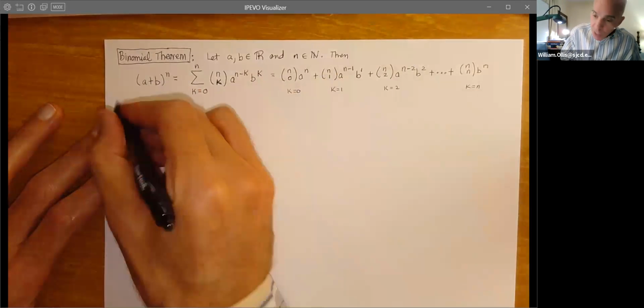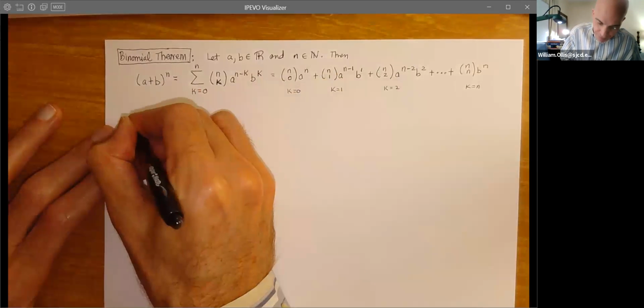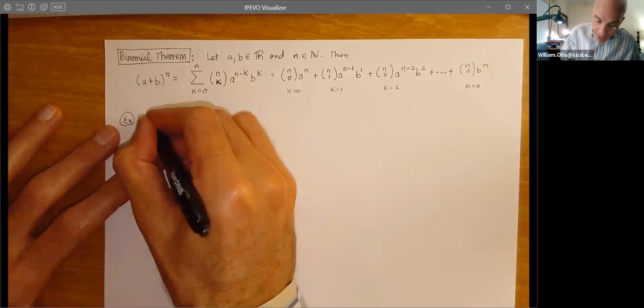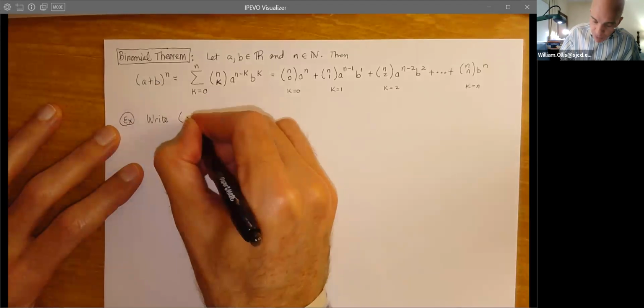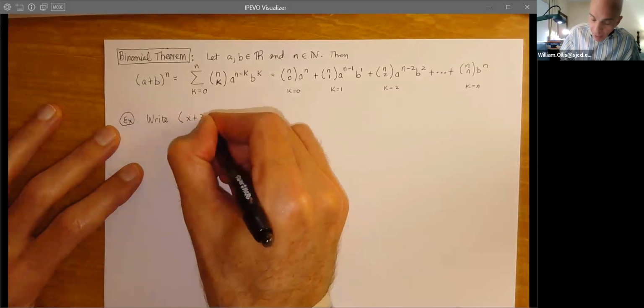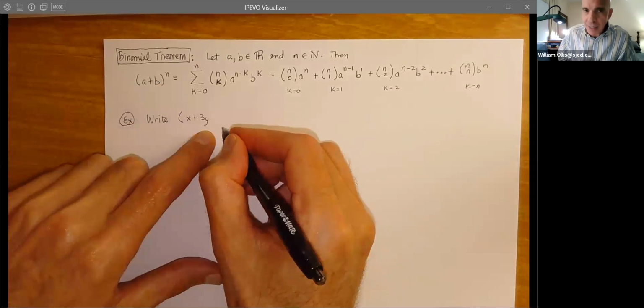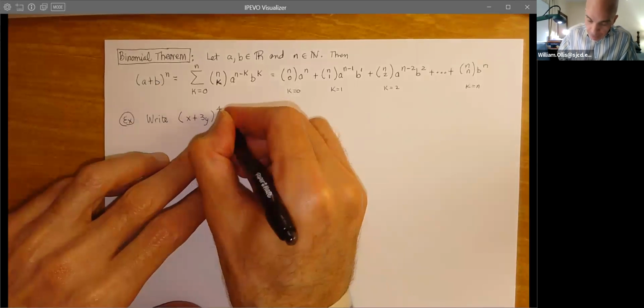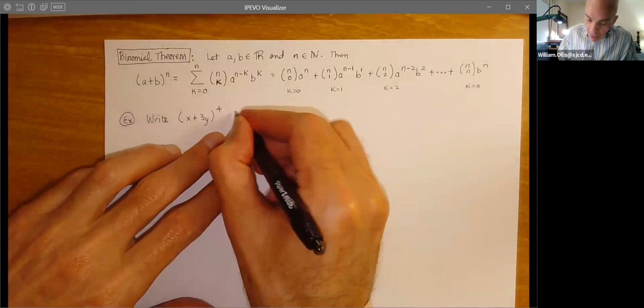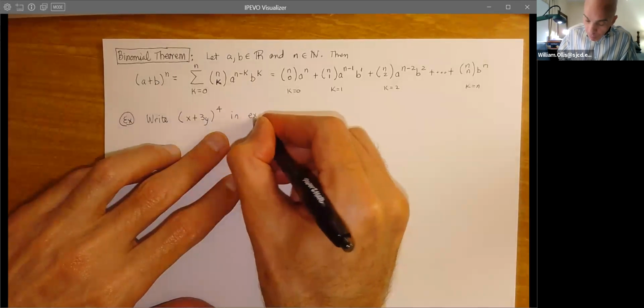So let's look at a simple example. It says, write x plus 3y, again, the a and the b can be anything. You can make up your own problems with this. In expanded form.